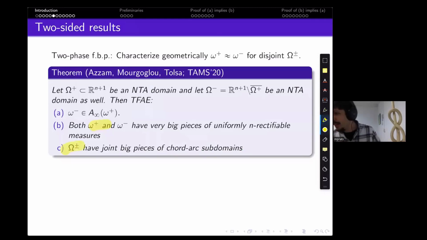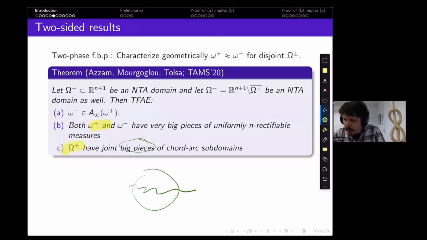So what does this mean? This big pieces idea is, okay, now we are with respect to harmonic measure. This big pieces idea is just that for every ball, the boundary satisfies the following: you can take a subset E in this ball B such that the measure of the subset is greater than a constant times the measure of the whole ball, something like this. And this subset should satisfy this thing.